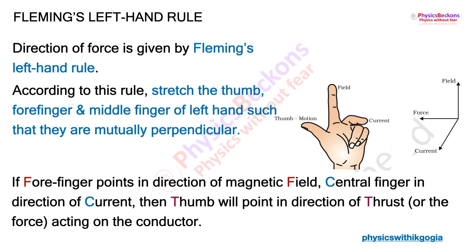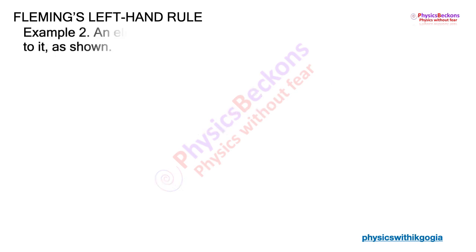F stands for forefinger, F stands for field. So the forefinger should be in the direction of the magnetic field. C for central finger and C for current. The central finger should be directed along the current. Then the thumb will give you the direction of thrust, which is an alternative name for the force.